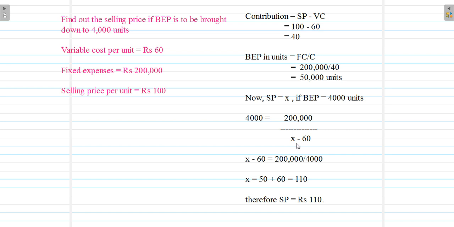Contribution is basically selling price minus variable cost. Since we do not know the selling price, we are marking it as X minus variable cost is 60. So by finding the value of x, we are able to determine the selling price. So the selling price is 110 rupees if the BEP is 4000 units.